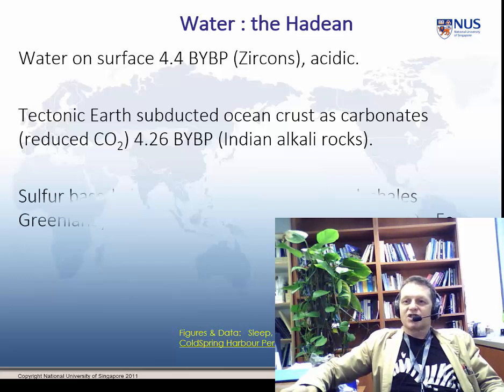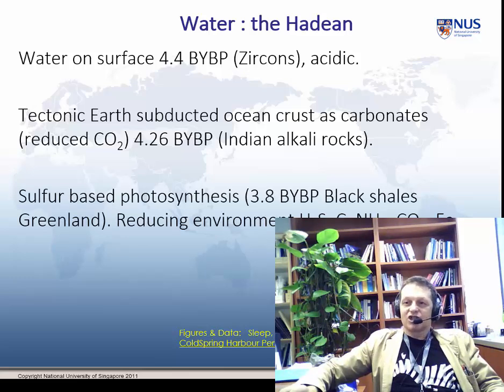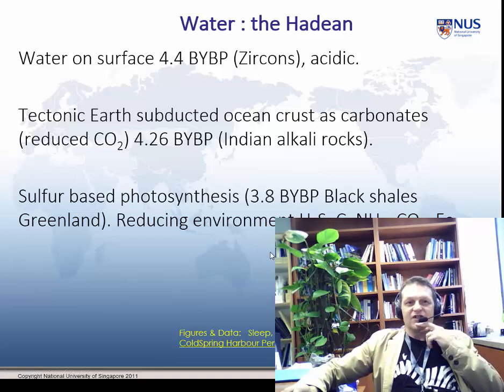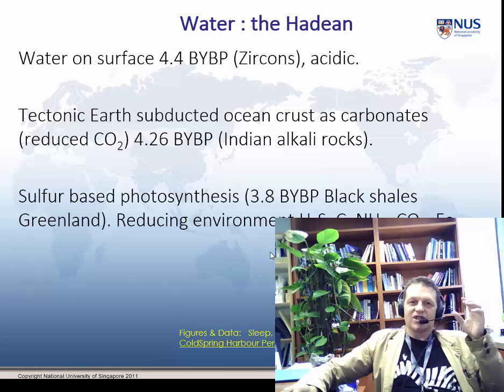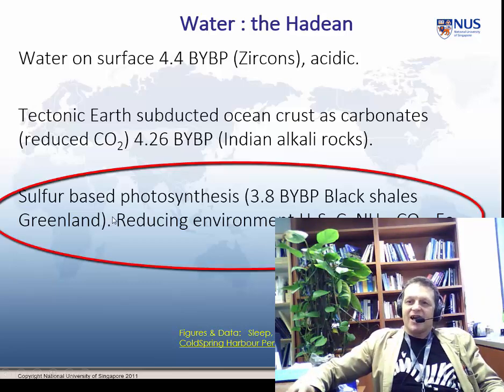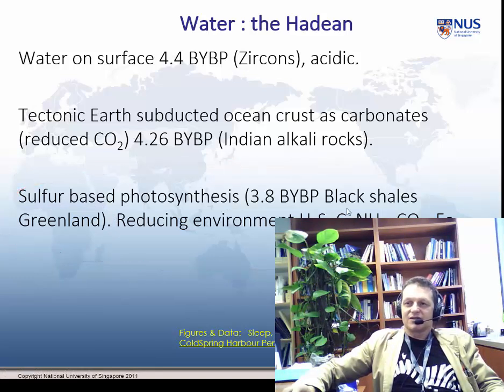Then comes maybe the bombshell. 3.8 billion years before present, you have black shales. Now, they're from Greenland. The fossil evidence is from rocks which are now in Greenland, you understand tectonically that things move around the surface of the Earth. And that evidence is really interesting.